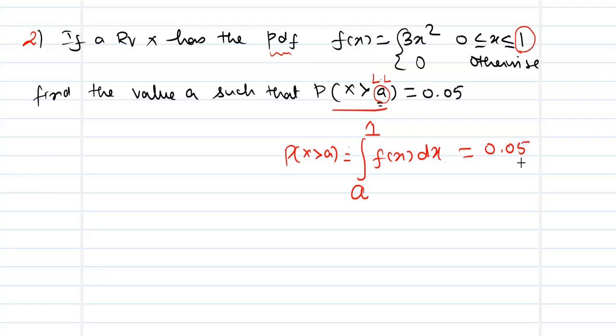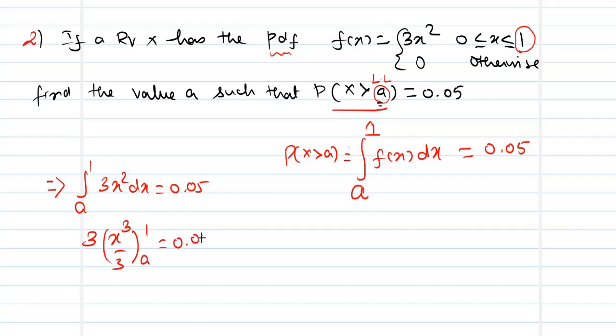They have declared that the final answer is this, in which case I need to find the value of a. So how to go about it? So we have integral from a to 1, the function is 3x square dx, is equal to 0.05. 3 is a constant. X square on integration is x cube by 3. Between the limits a to 1 is 0.05. 3 and 3 can be cancelled off.